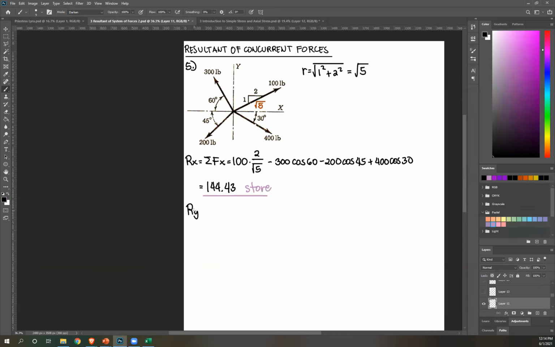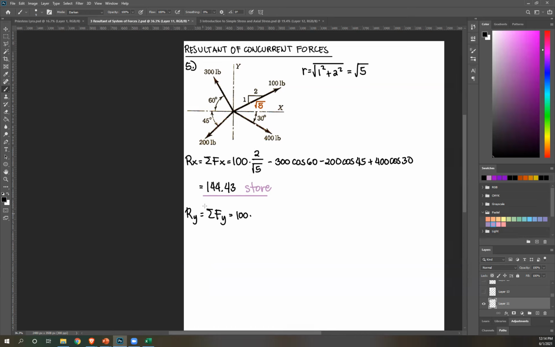So Ry is just the summation of forces y. Once again, let's start with the 100-pound force. Upwards, therefore positive 100 times. We're looking for the y component, so we're looking for the vertical side. So that's 1 over square root of 5 here.